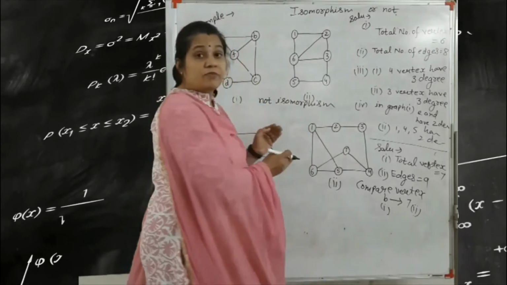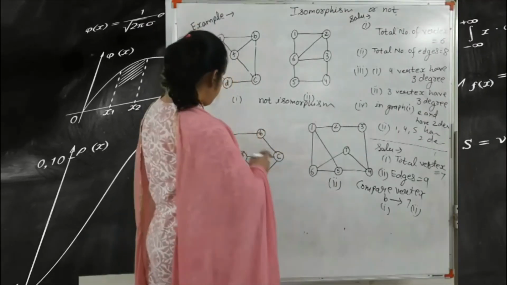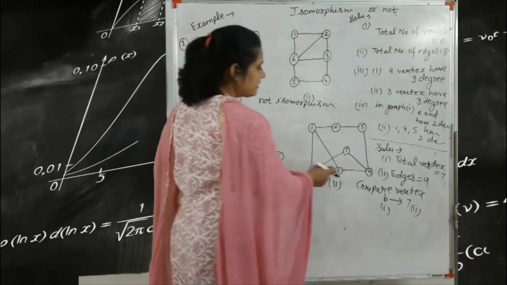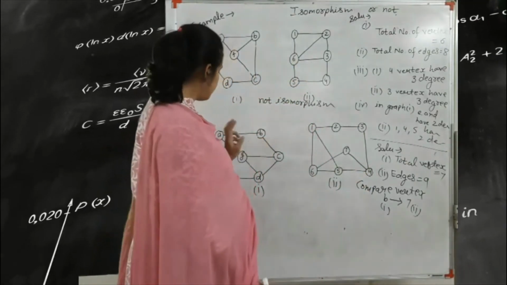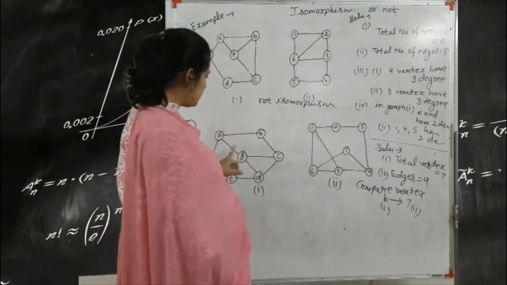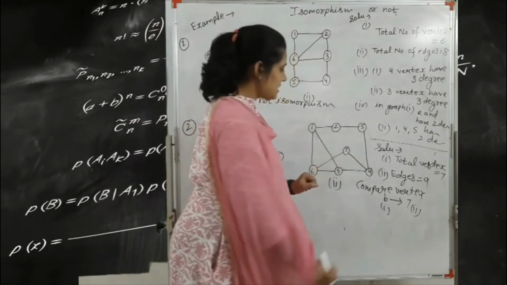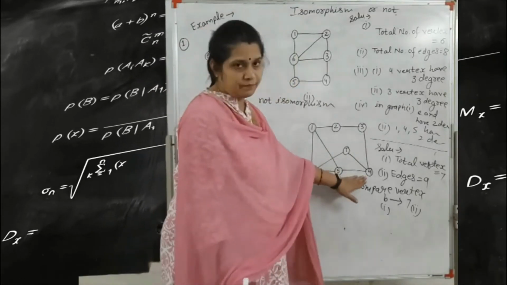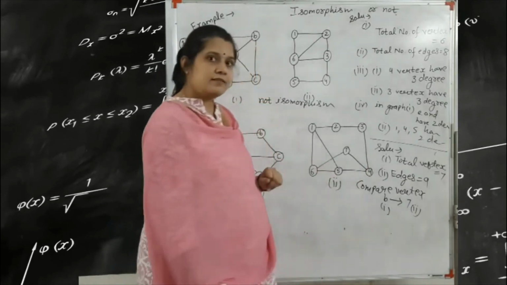According to these vertices, you find the neighbors. A and C, and here the neighbors are 6 and 4. A has degree 3 and C also has degree 3. The neighbors of 7 are 6 and 4. Got it? So 6 has degree 3 and 4 has degree 3.